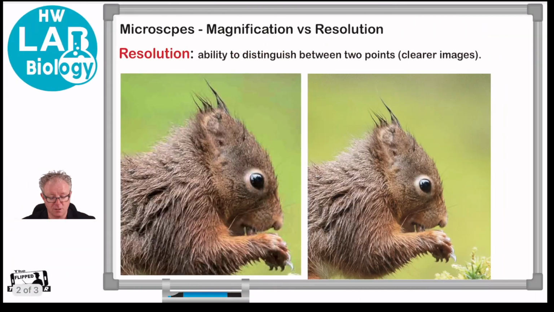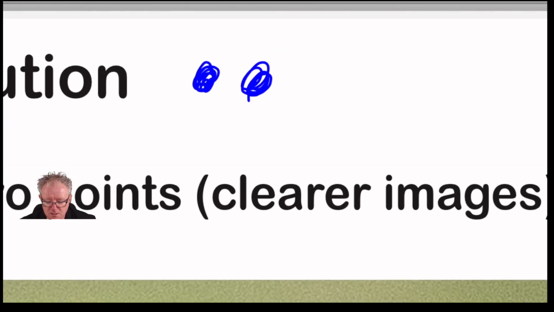What is resolution? Resolution is the ability to distinguish between 2 points. In other words, to make it clearer. It's not a blurry object, it's 2 points. Let me show that to you. If I draw 2 points here, you'd say, oh yeah, there's space between those 2 points. Let me zoom in as much as I possibly can, and I'm going to draw 2 dots, with the second dot just near the first.